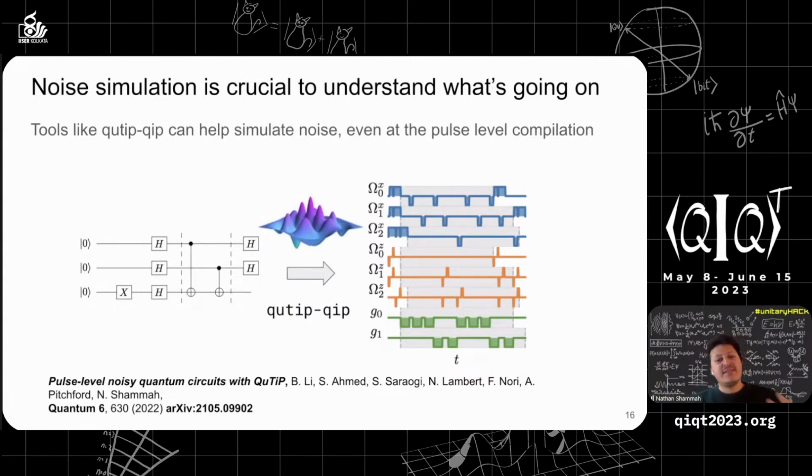So this is an example of an open source toolkit in which we're able to simulate noise even at the pulse level compilation. So this is something to keep in mind that adds complexity to these models.